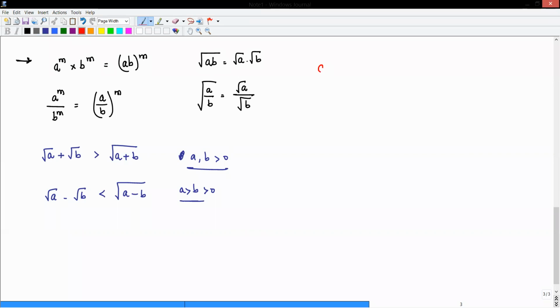When you have x power n is equal to A, how do you find x? You apply to both sides the power of 1 by n. It becomes A power 1 by n.